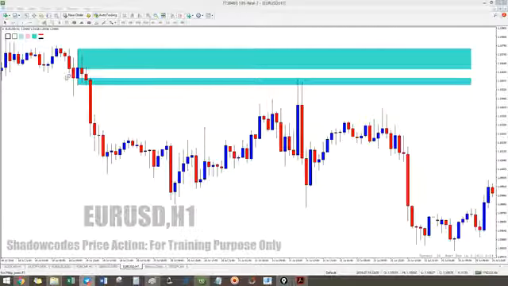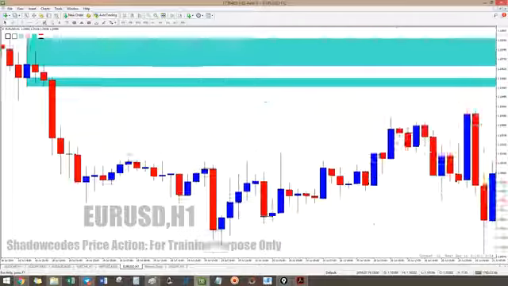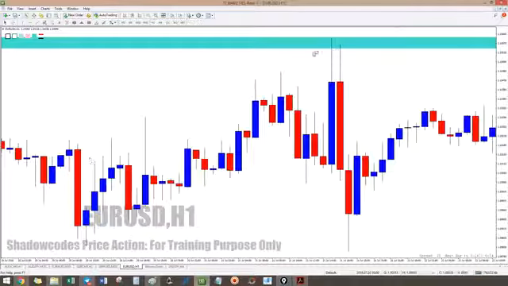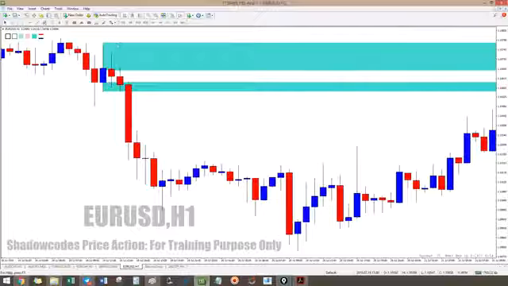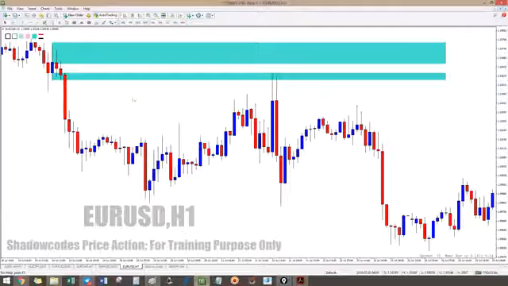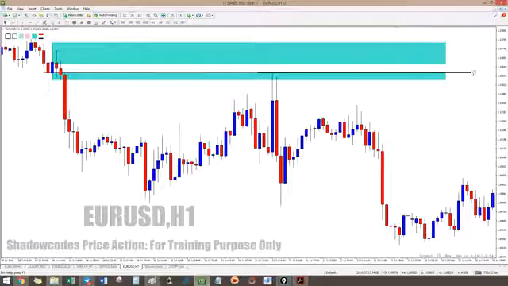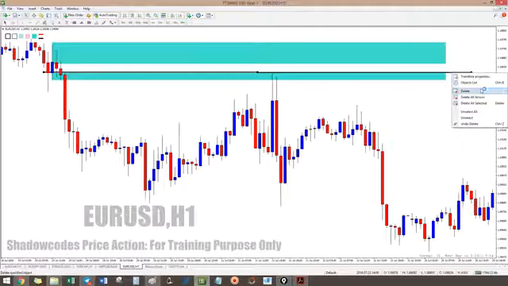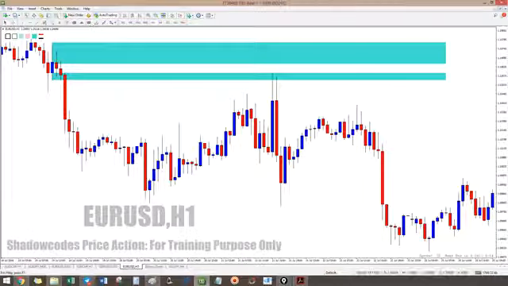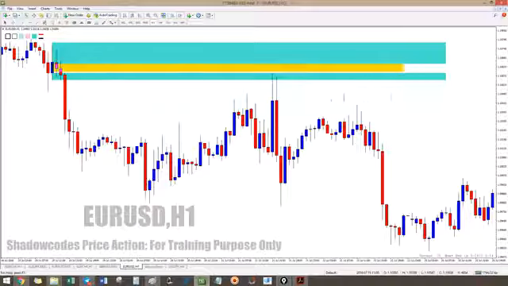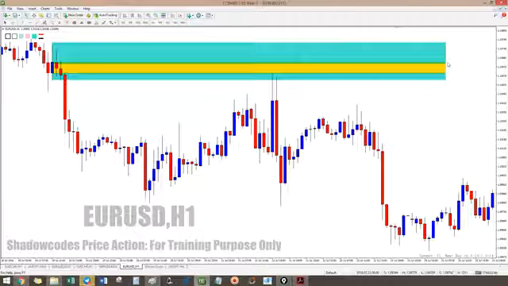So you see here? See this? Got a rejection. Over here is the balance and imbalance. The imbalance happens here. This golden line is the body, the place where you want to see a rejection.